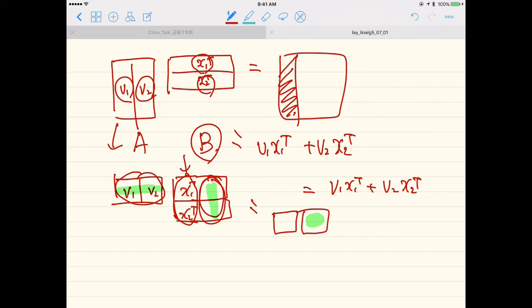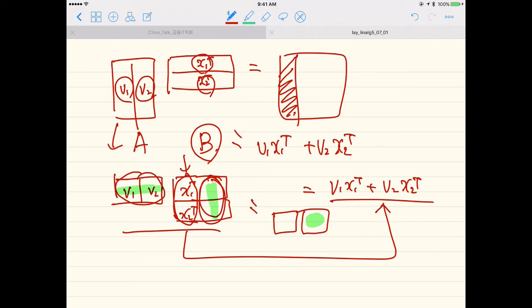In general, if we represent it in this form, you can see that it's still a true representation. For the first element in these two-dimensional vectors, we form this one, and for the second one, we use the second element in x1 transpose and x2 transpose.